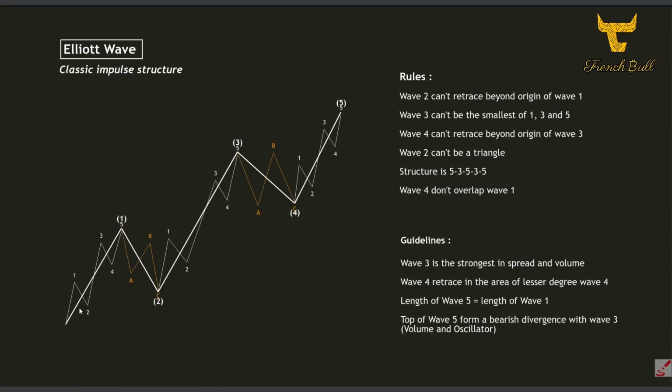So at the end, you got something like this: impulse, corrective, impulse, corrective, impulse, which make you an impulse.